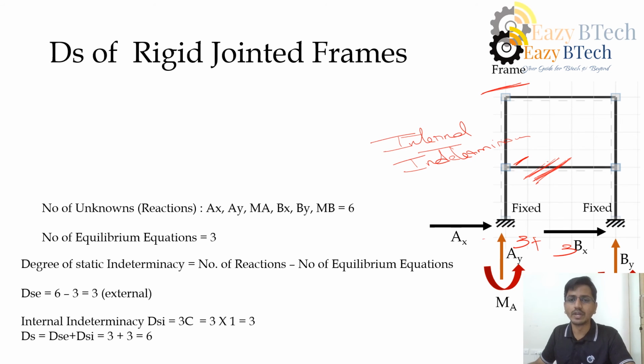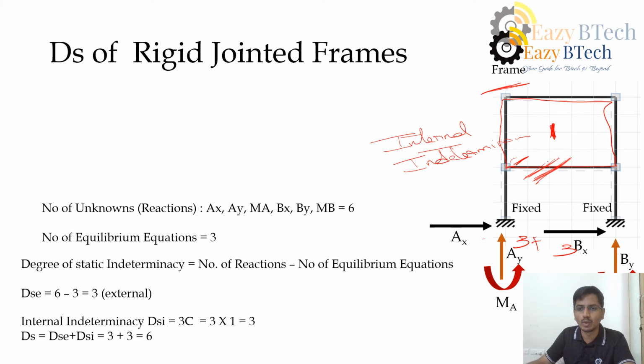So how do we find this internal indeterminacy? First we need to see how many closed loops we have. This is open, so it is not a closed one. But this is a closed loop, like a closed box or closed circle. So we need to count how many closed loops are there in a structure.